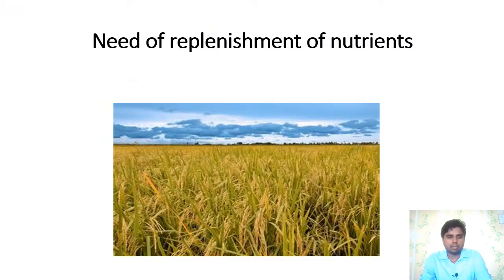So what can you see in this image, students? I will give you some time to make out the things present in this image. Yes, so what are the things you can see here? Basically it is a green scenery.